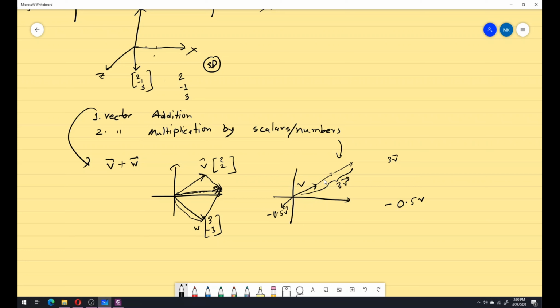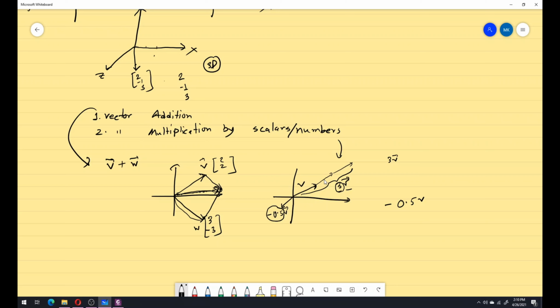So multiplying any vector with a scalar to actually stretch or squeeze it is called scaling. Okay, so multiplying this v with this 3 or this negative 0.5 is called the process of scaling.